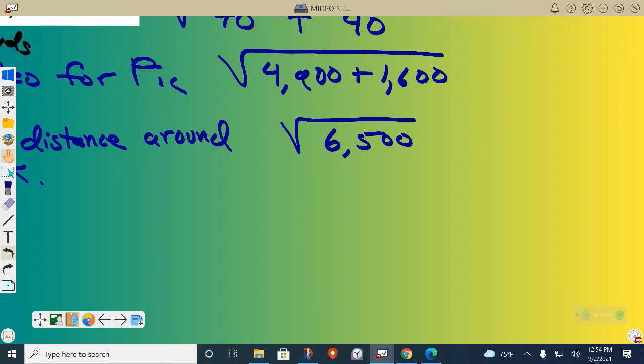Nice. I have no clue what that is. I'm not going to do that in my head. I'm going to let the calculator do the work. The square root of 6,500.